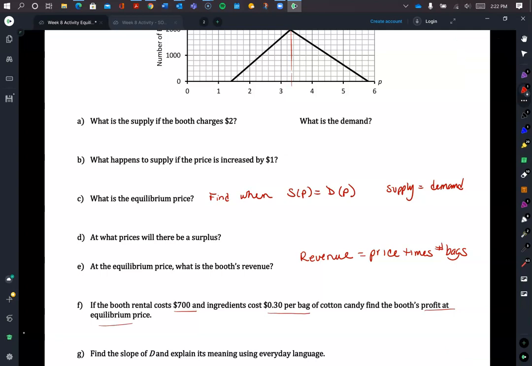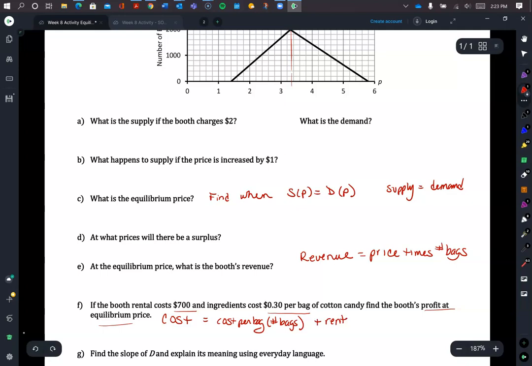So before we do that, we need to have the cost at the equilibrium price, which would be the cost per bag times the number of bags plus the fixed cost, the startup or the rental in this case.